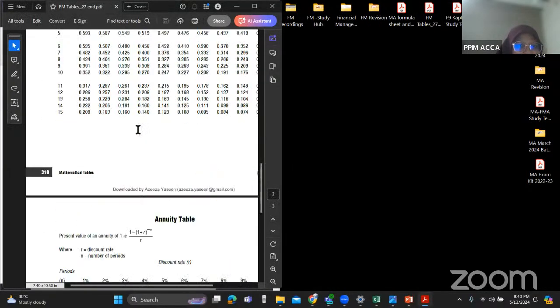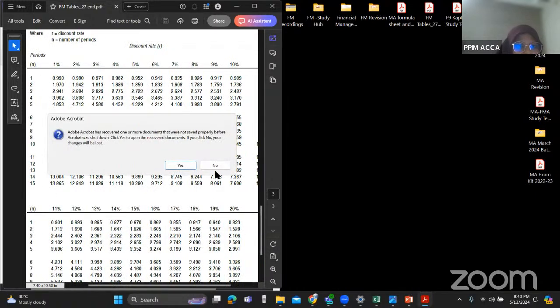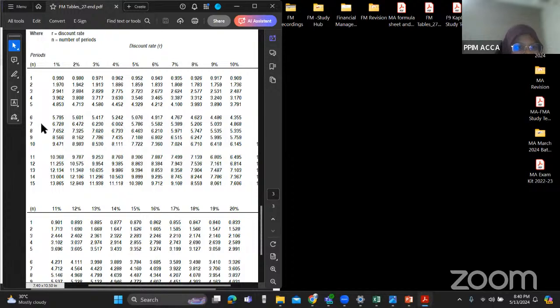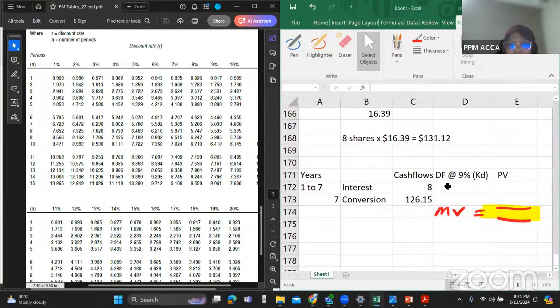So we know it is an annuity. We know the percentage is 9 and we are talking about a 7-year annuity. So look at the 7 column. It's 5.033. So that is the annuity factor. All you have to do is take that 5.033 and put it here.